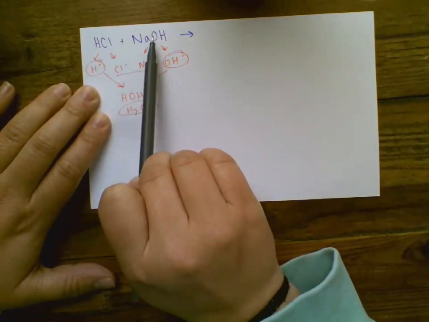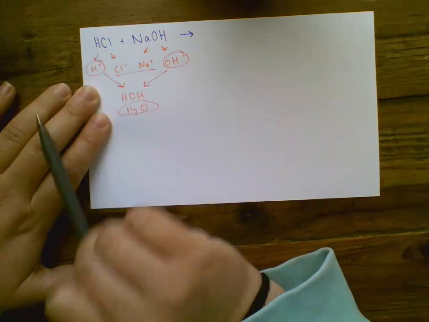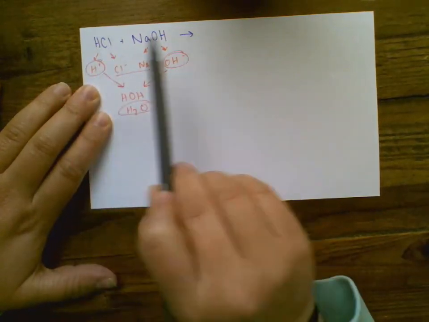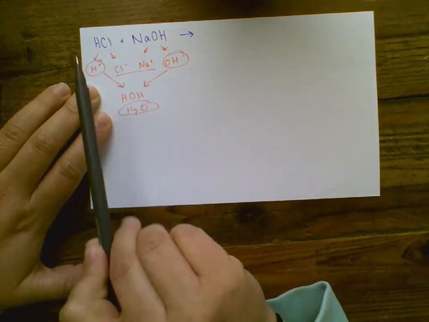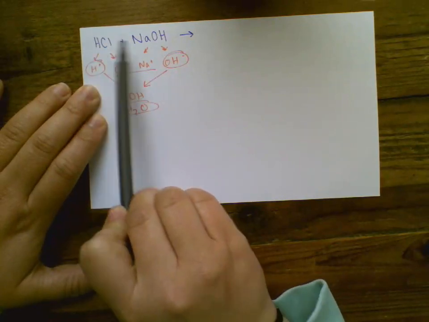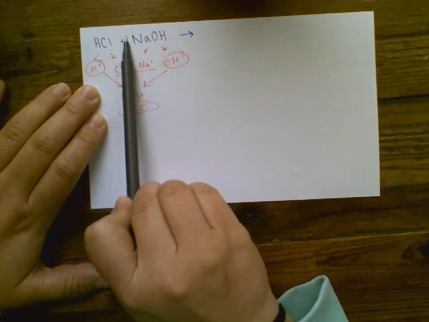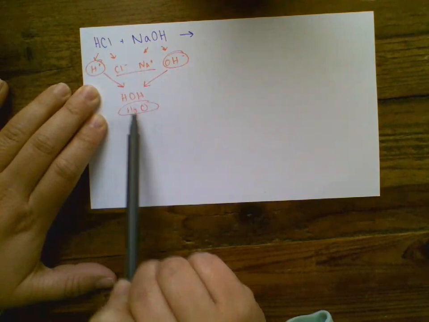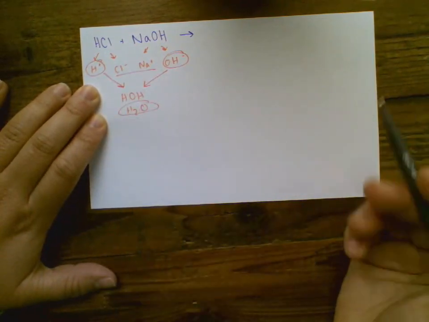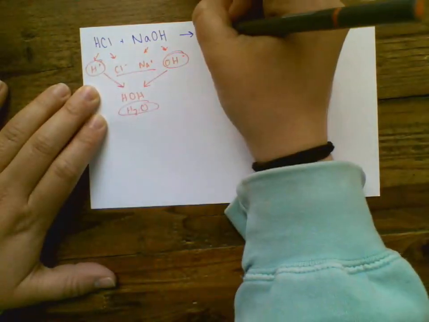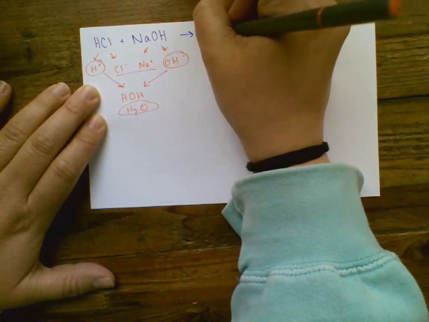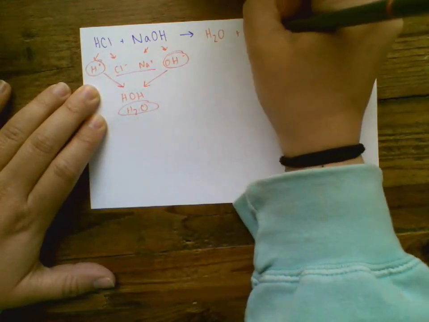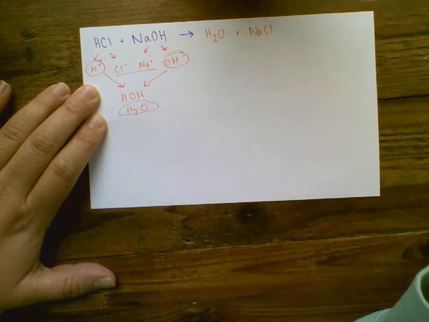So H will go with OH, Na will go with Cl. The reason we call this a neutralization reaction is because we're taking something that's acidic, we're matching it up with something that's basic, and we're creating two neutral products as a reaction. So once we write it all out, you've got your H2O and your NaCl.